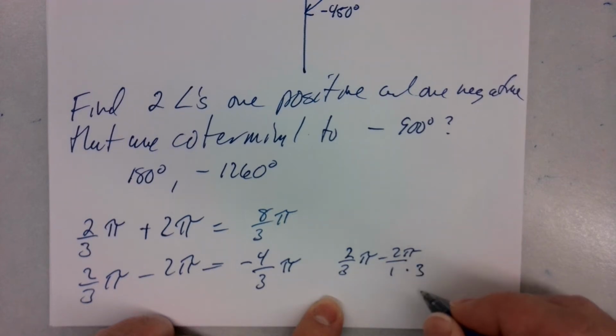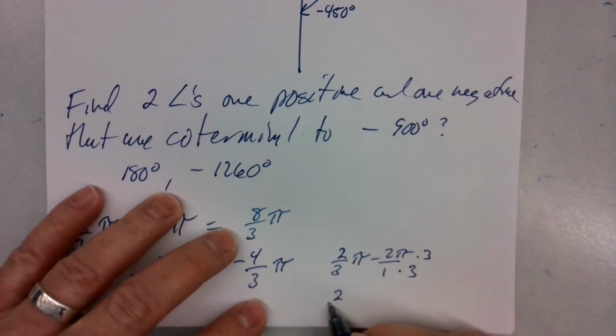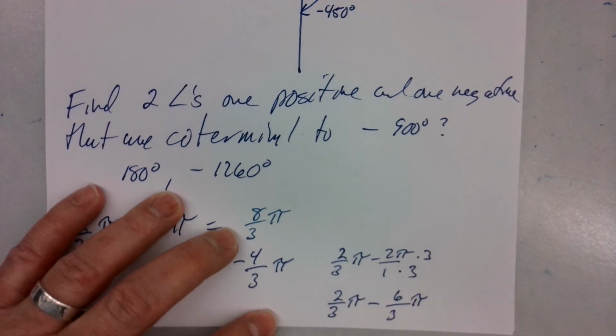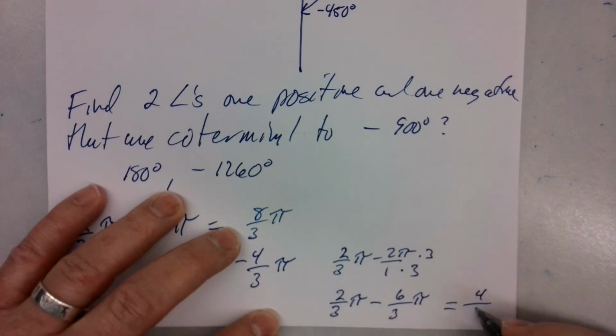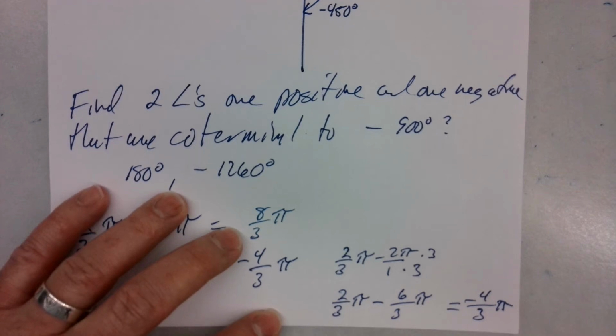If I times the denominator by 3, I must times the numerator by 3. So I get 2/3 pi minus 6/3 pi. 2 minus 6 is negative 4, and my denominator doesn't change. Negative 4/3 pi. Does that make more sense now?